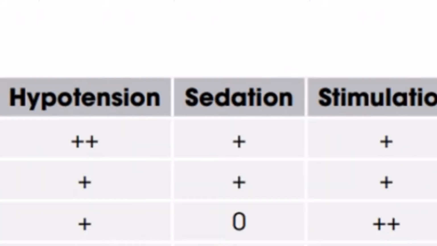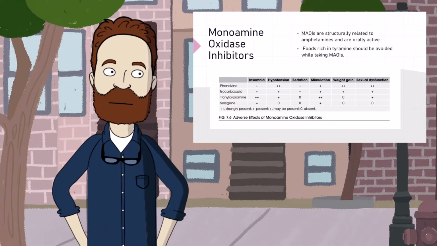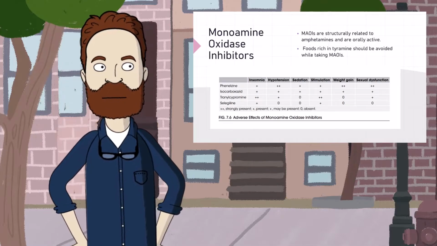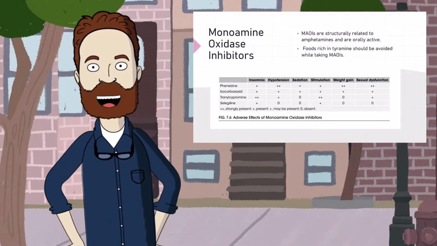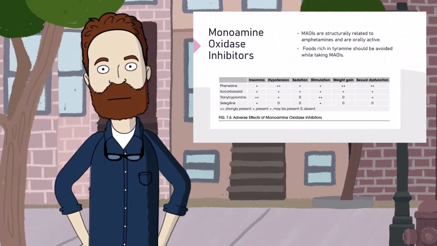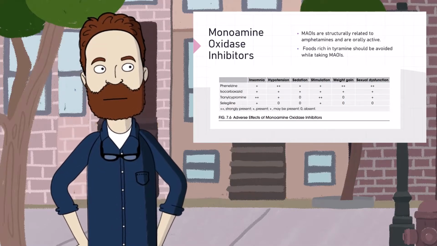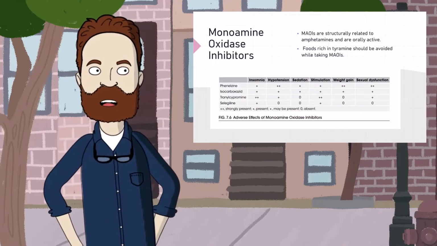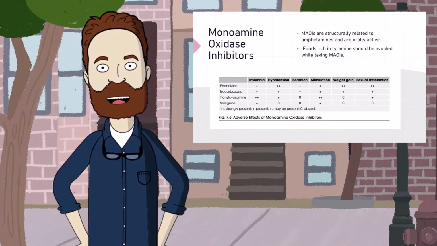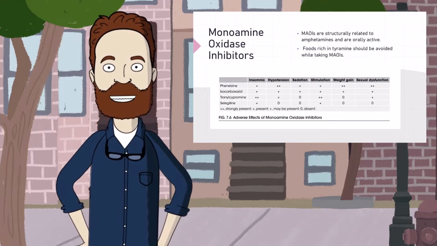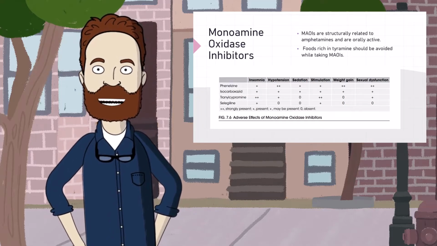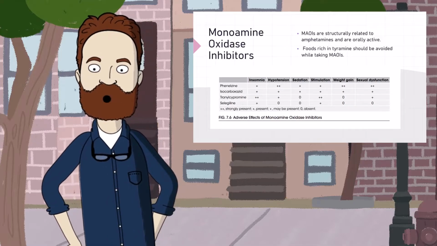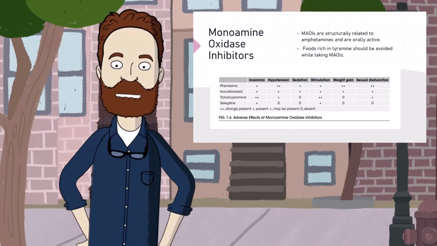Now, monoamine oxidase inhibitors are structurally similar to amphetamines and can be orally activated, meaning given orally. Here's the issue with MAOIs: foods rich in tyramine should be avoided while taking MAOIs. And I'll give you a list here in just a minute. Before I give you the list of foods, why do we want to avoid these foods?